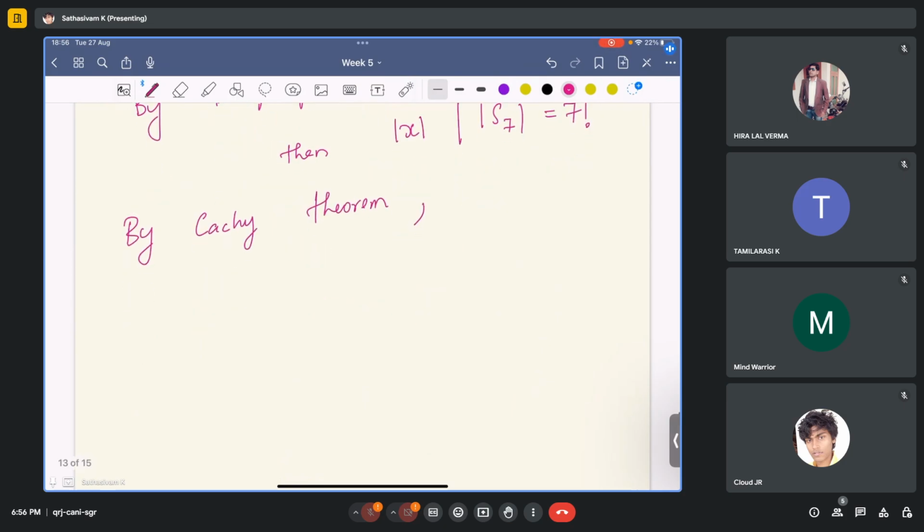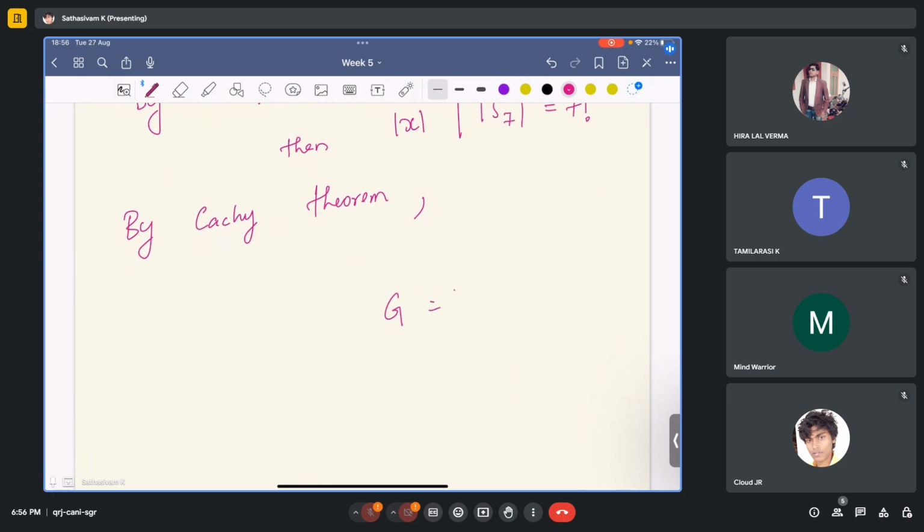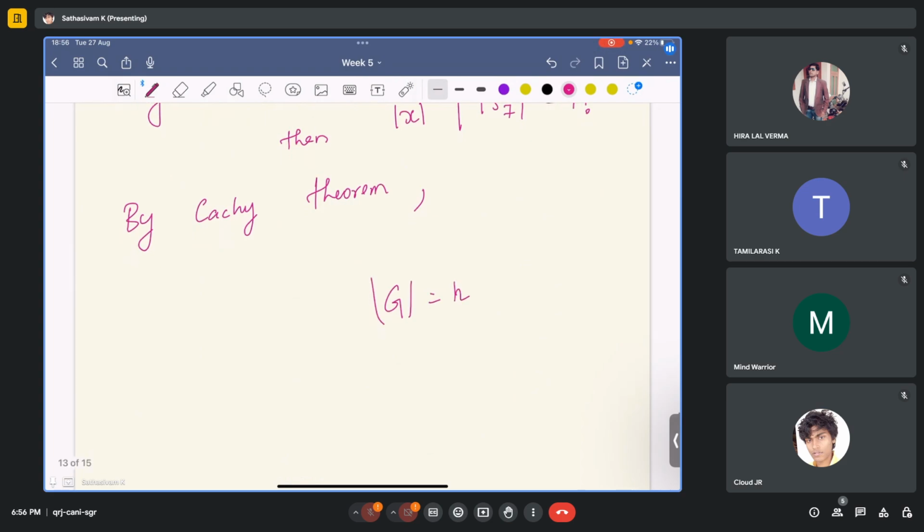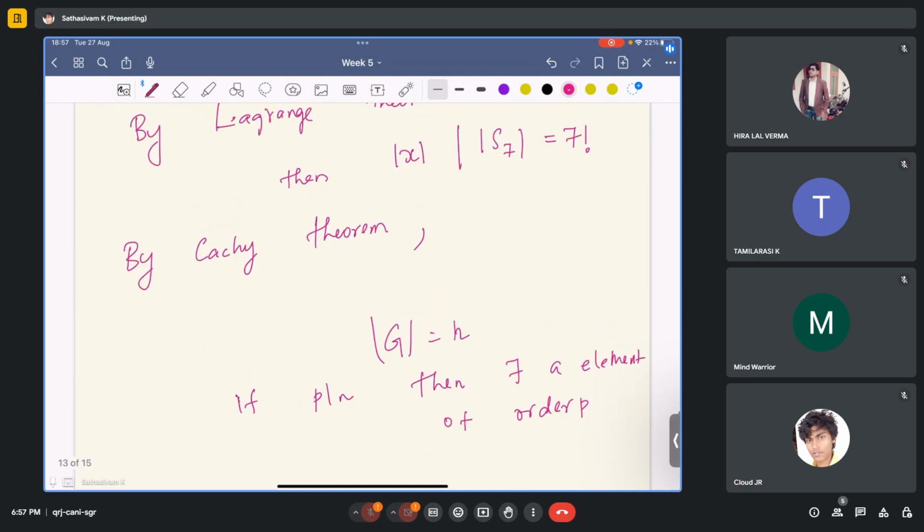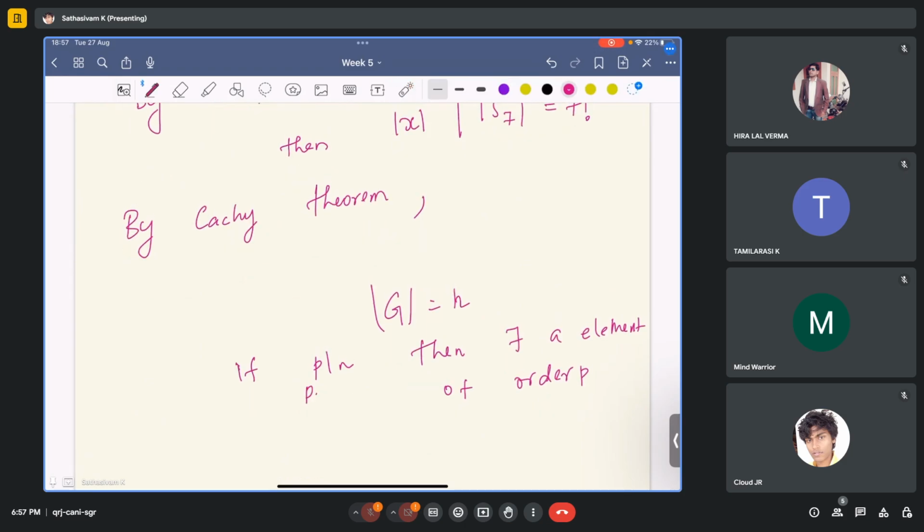Cauchy theorem says the following: if you have a group G whose order is, let's say, n, and suppose P divides n, where P is a prime, then there exists an element of order P. For random n it does not need to exist, but for a prime P dividing n, there exists an element of order P.